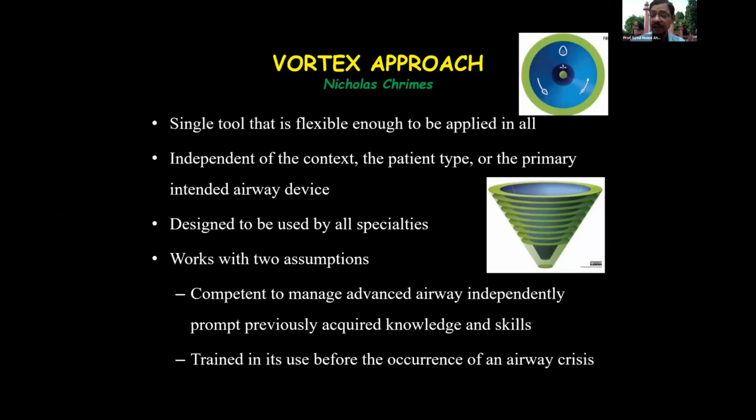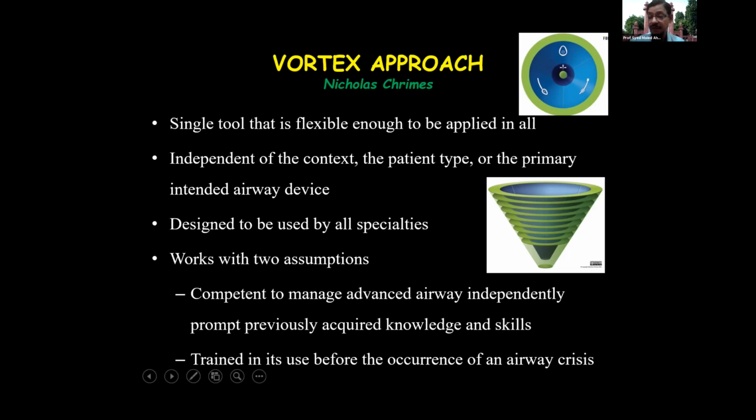Now, Nicholas Chrimes came up with the vortex approach. He said it's a single tool that is flexible enough to be applied in all situations, and it is independent of context, the patient type, or the primary intended airway device. What he means is that you can begin at any point of time with any of these devices, and it works with two assumptions.